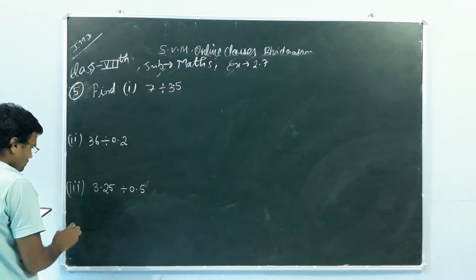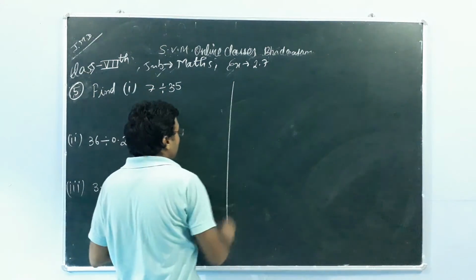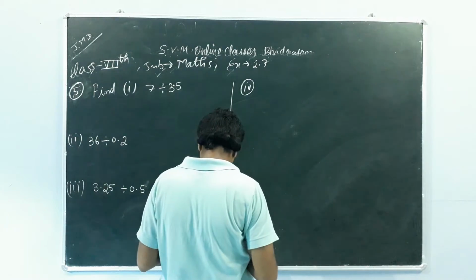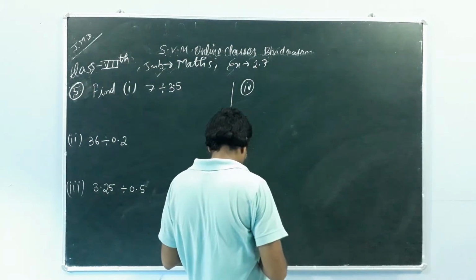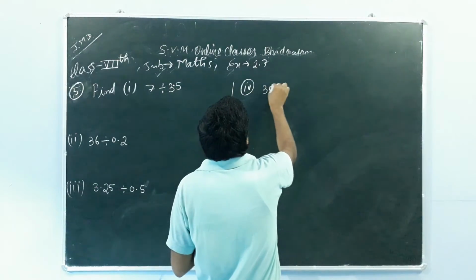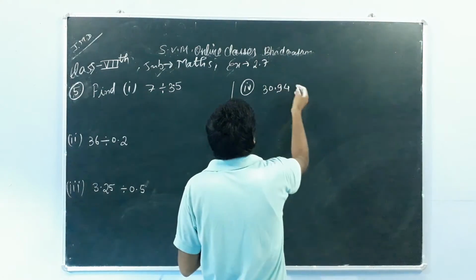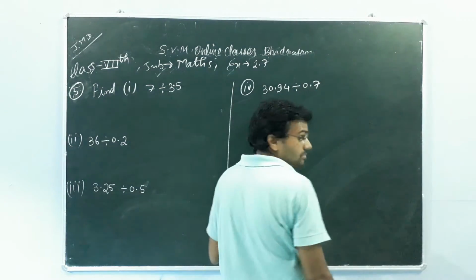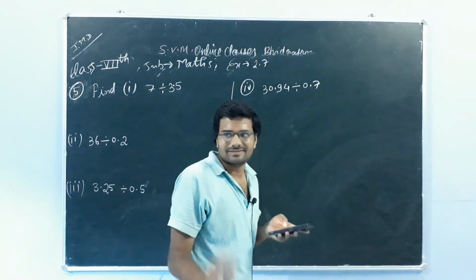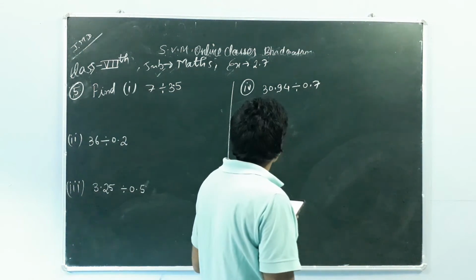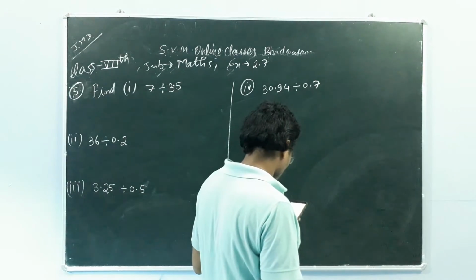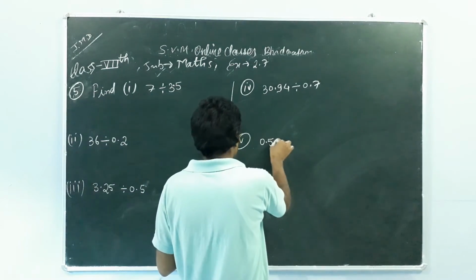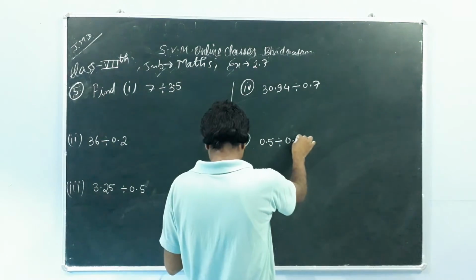Next is the fourth one: 30.94 divided by 0.7. Our fifth one is 0.5 divided by 0.25.